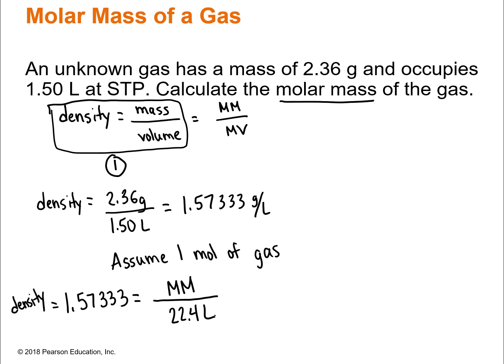We already know what the density is, and that's in grams per liter. So we can solve for the molar mass. All you have to do here is multiply both sides by 22.4 liters.